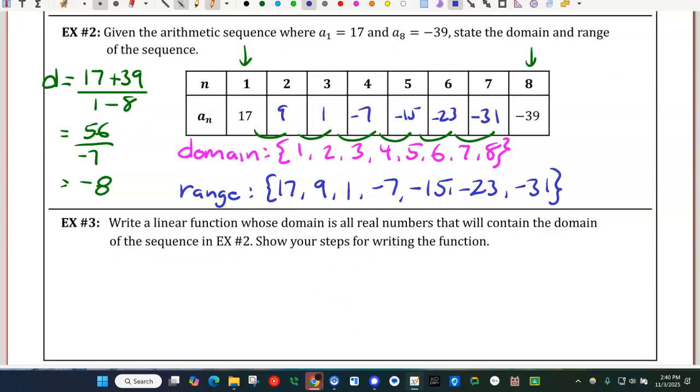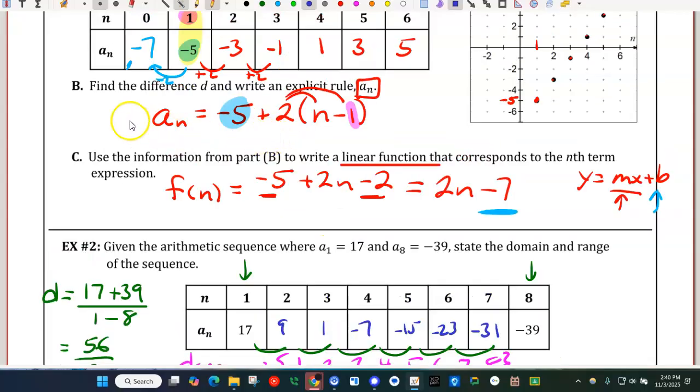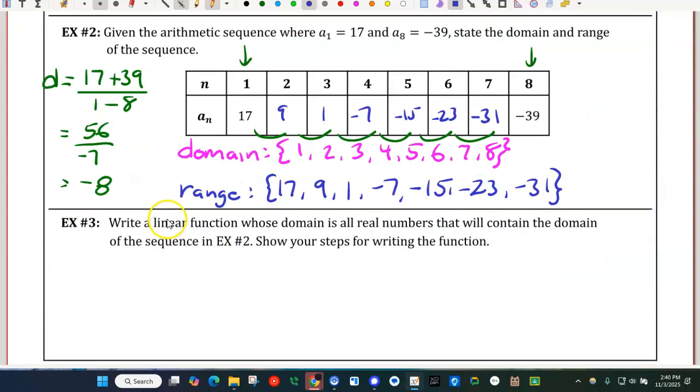All right, so try number 3. Go ahead and do number 3, which is the same as number 1. Like I said, it's going to be finding the slope and then finding b and then converting that to slope-intercept and c. It's the same question, just written differently.